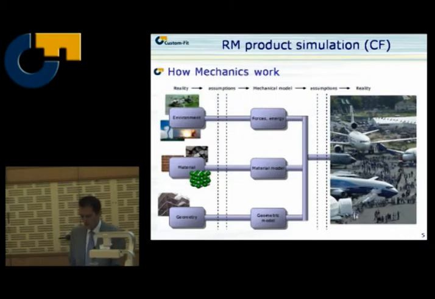In this scheme, you may see how mechanics works. Actually, a mechanical model is used to predict events in reality. And it is built on three pillars: the environmental variables, the material variables, and some geometry variables.